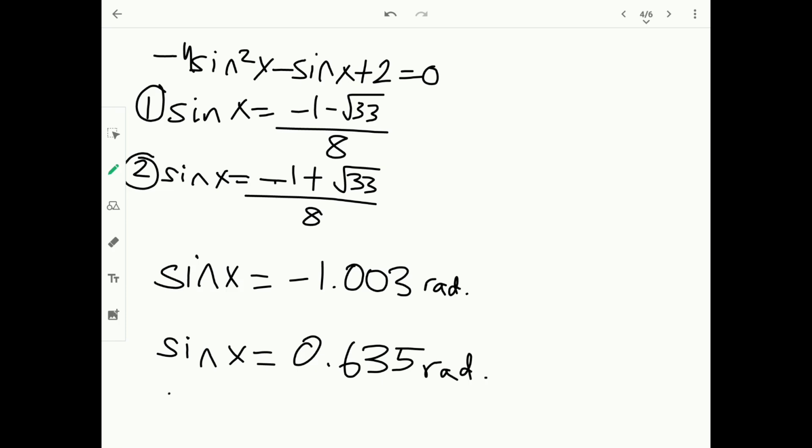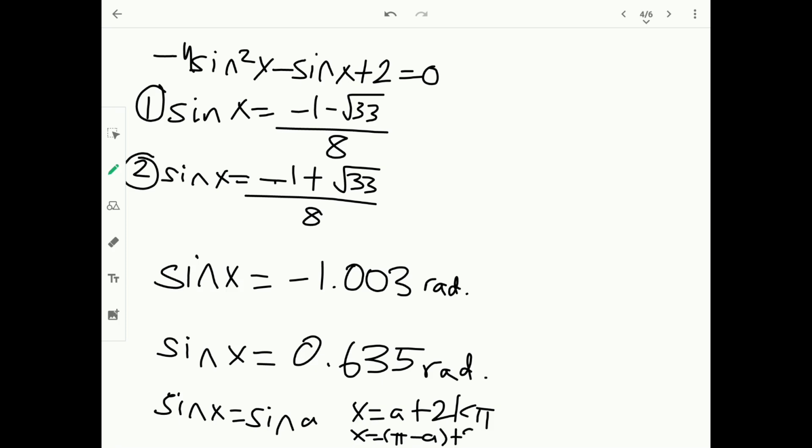Now we should know that if sine x equals sine a, then x is equal to a plus 2k pi, or x is equal to pi minus a plus 2k pi, right?